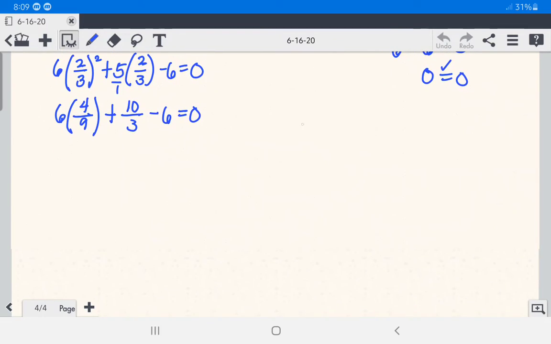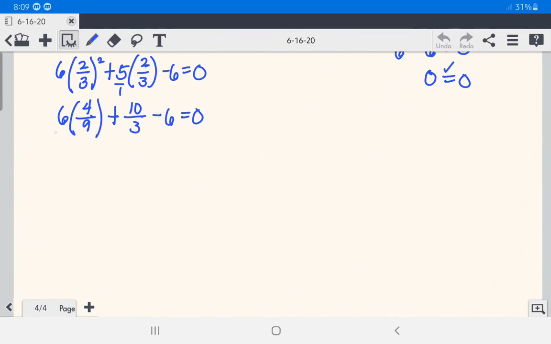Then next, we can now cancel 6 and then 9 since the common factor is 3. So 6 divided by 3, we have 2. 9 divided by 3, we have 3. So let us now multiply 2 and then 4, that is 8. Then 1 times 3, we have 3. Then plus 10 over 3 minus 6 equals to 0.